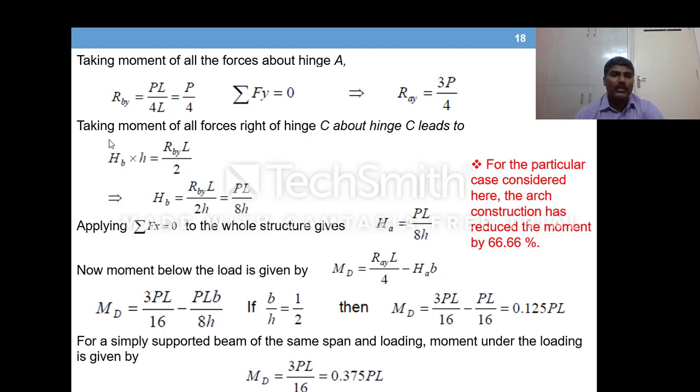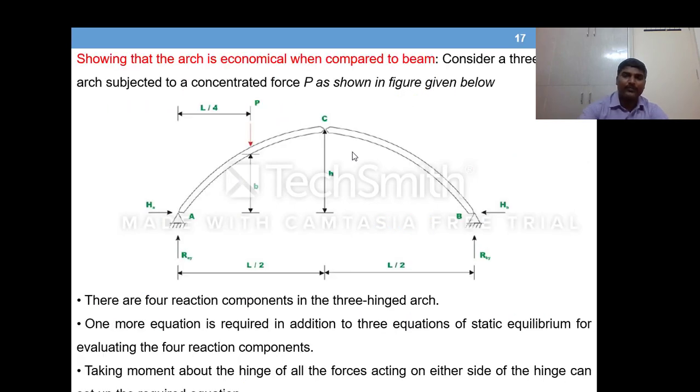Right, now taking moment of all forces to the right of the hinge, about the hinge C. We need to use the condition that the moment at this hinge is 0.